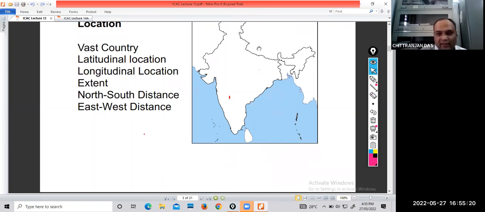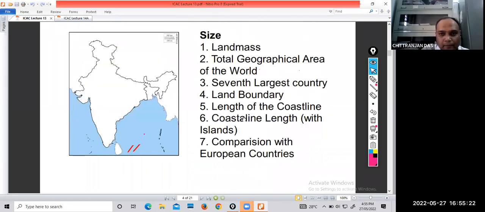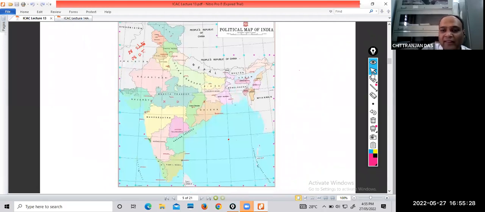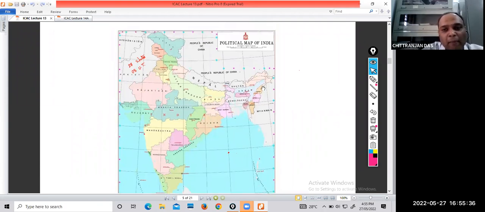Let us move to the next slide. Now you can see that this is the latest political map of India, published by the Survey of India. I told you earlier in my previous class that it is always printed by them. We now have two more union territories.